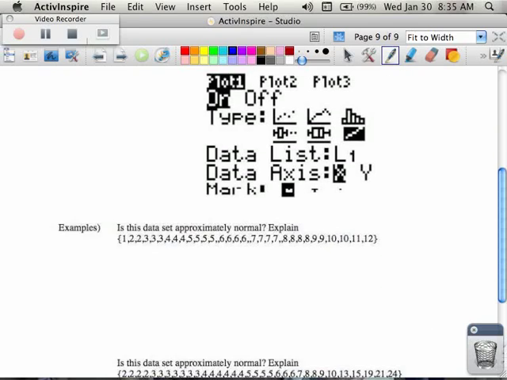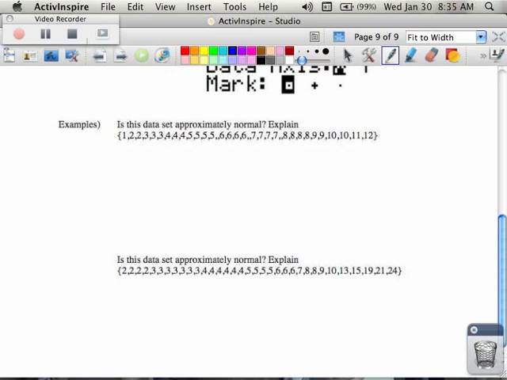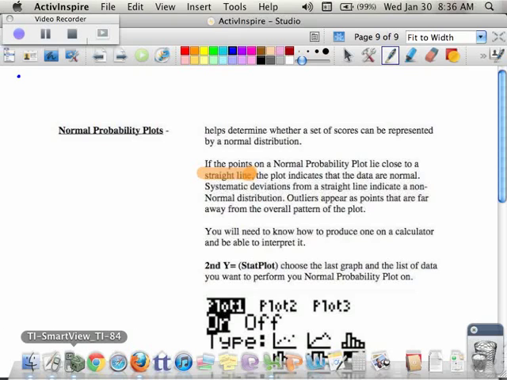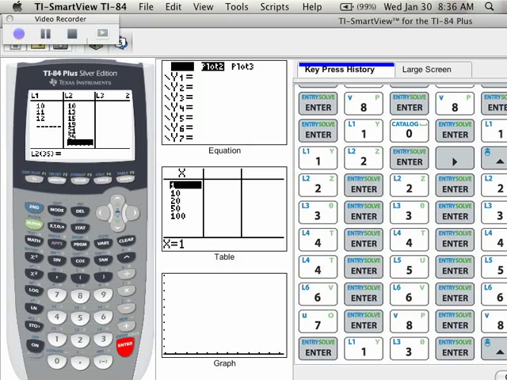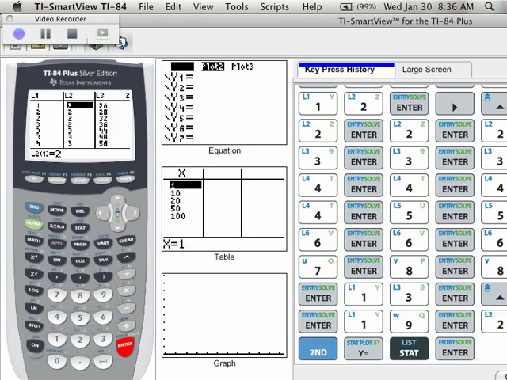First thing that you do is you go into your stat plots on the calculator. Actually, first of all, before you do anything, you enter all of your data into a list.